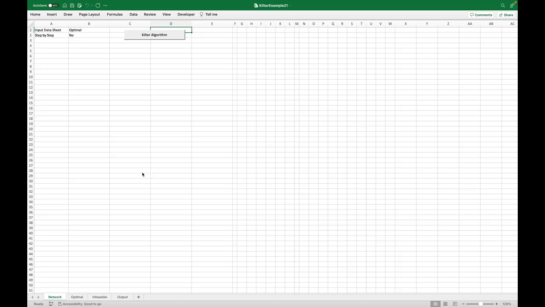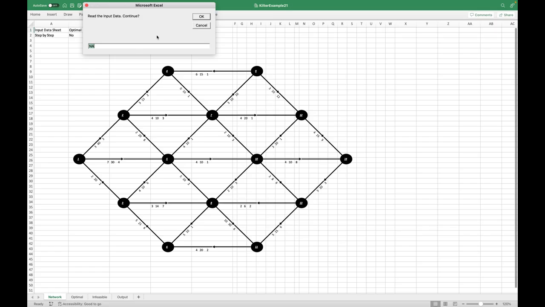In this Excel session, I have a specific network that we will use to show the steps of the out-of-kilter algorithm and to provide the visualization of these steps. So the important details of the algorithm will be pointed out. So I'm going to click on this, and here's the network that I selected.